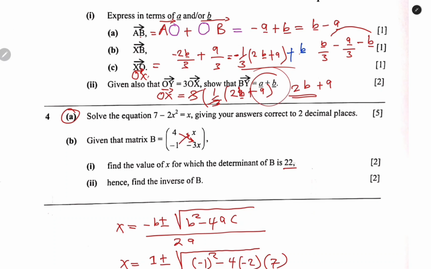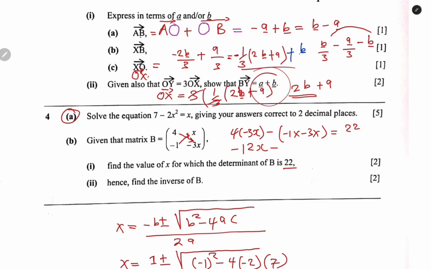So you are going to say 4 multiplied by negative 3x minus negative 1 multiplied by negative 3x equals 22. So this is the negative 12x. Then this is going to be positive.